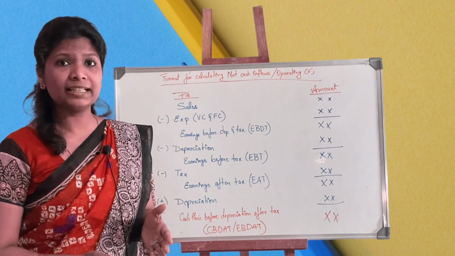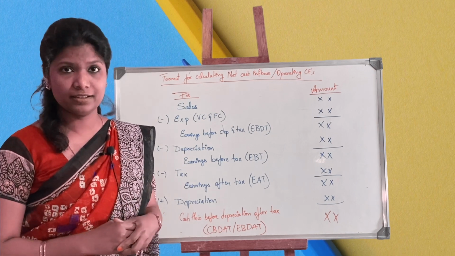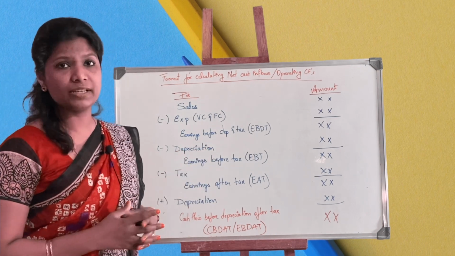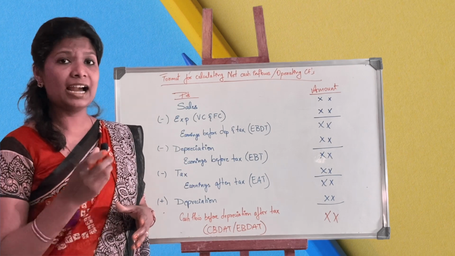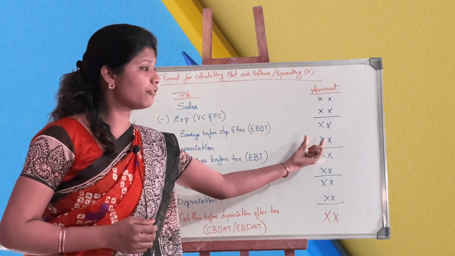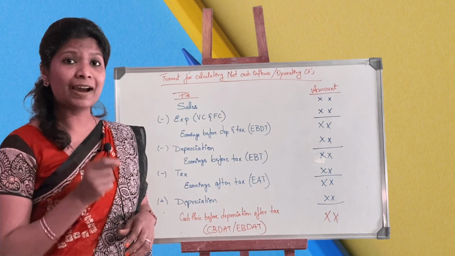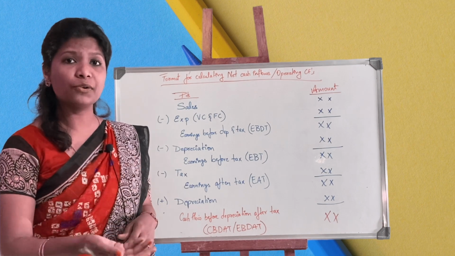We have known the meaning that depreciation is the decrease in the value of an asset, correct? That decrease, that amount, I'm putting as depreciation. Now answer me, if let's say depreciation is 5,000 rupees, is 5,000 rupees money going out of my business?